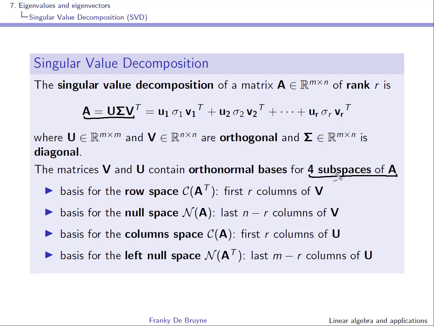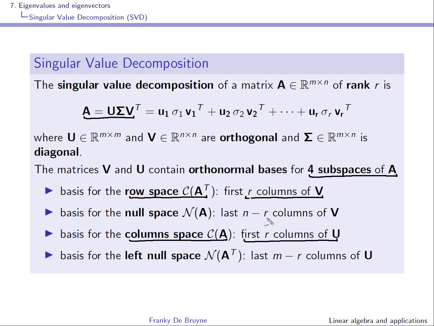Because by construction we know that the first r columns of V correspond to the row space, and the first r columns of U correspond to the column space.